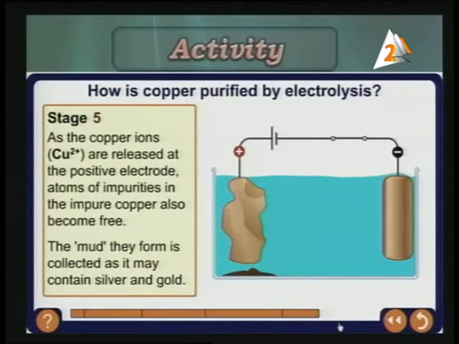So the mud that is formed and collected may contain silver and gold. I don't need silver and gold from this, because I need pure copper to precipitate, the pure copper formed by electrolysis. It is very easy to make and very easy to use in industry. So the copper is purified by electrolysis.